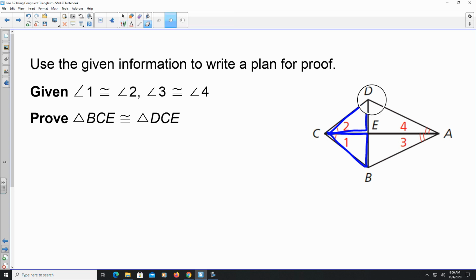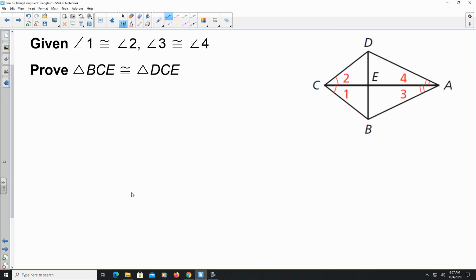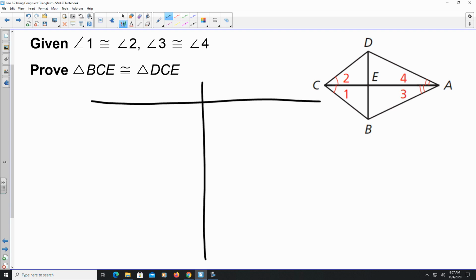All right, so what I'm going to do first is attempt to do as much as I can of the proof for those two triangles, and then if I can't, I'll have to see if I can figure something out to help us write a better proof or improve the proof, I guess.